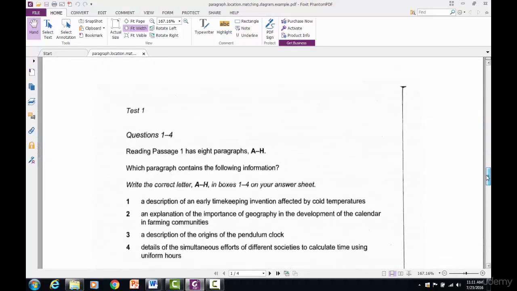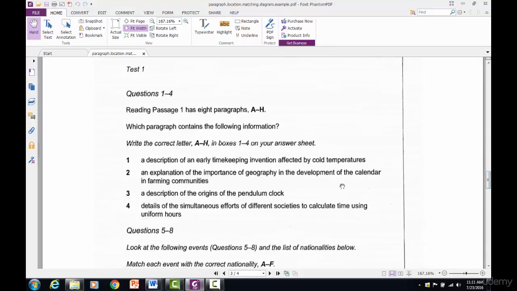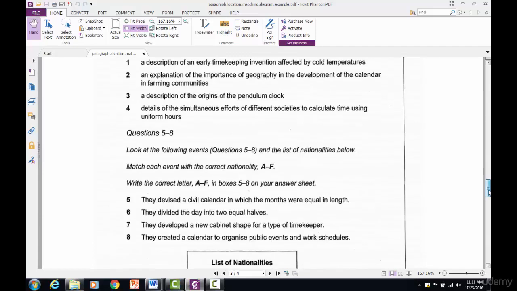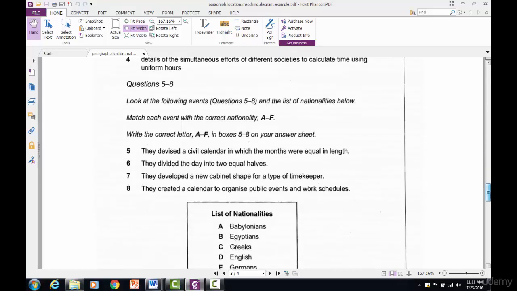And we can see that that is a match for what we saw earlier: they devised a civil calendar in which the months were equal in length. So for number 5 on our answer sheet, we would put B for Egyptians.